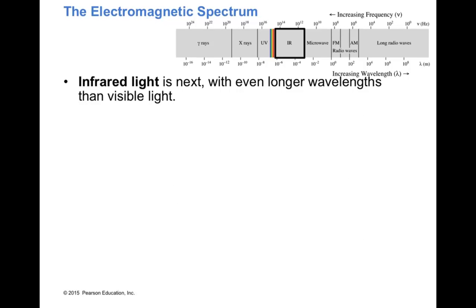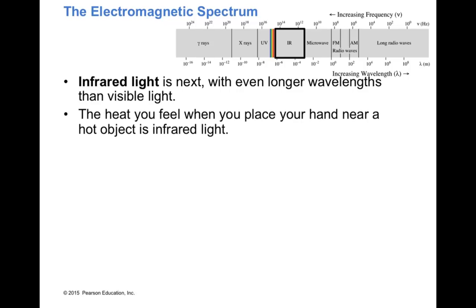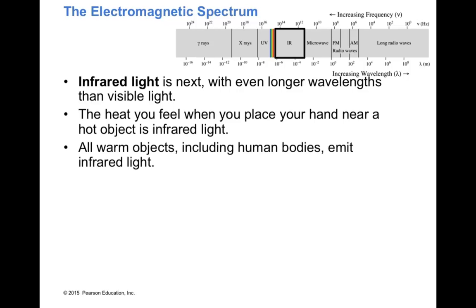Infrared light is next, with even longer wavelength than visible light. So that means that they have less energy than the visible region radiation. The heat you feel when you place your hand near a hot object is the infrared light. All warm objects, including human bodies, emit infrared light.